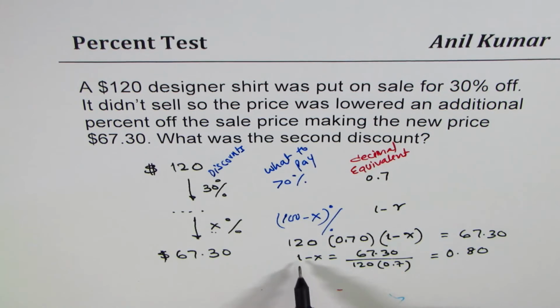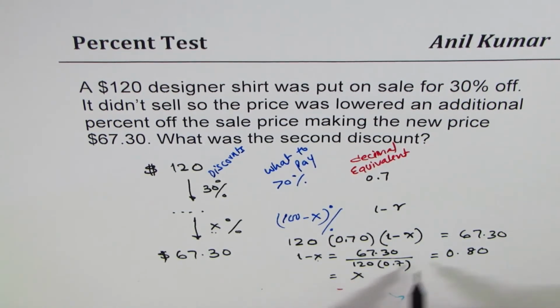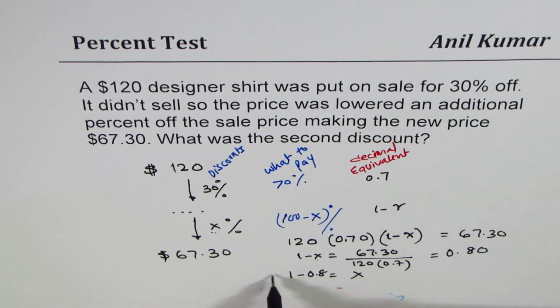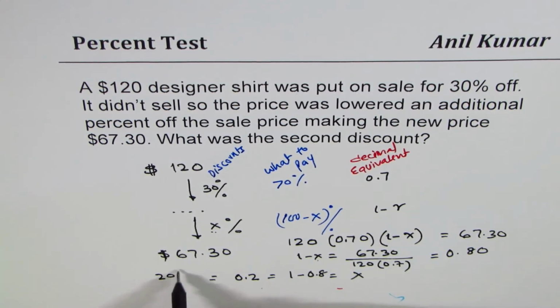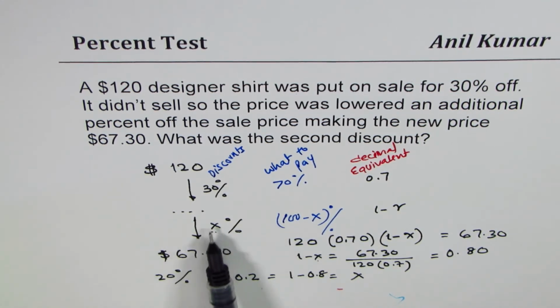So that is the value of 1 minus X. So what is X equal to? X is equal to 1 minus 0.8, and that is 0.2. 0.2 means 20%. Do you see that?